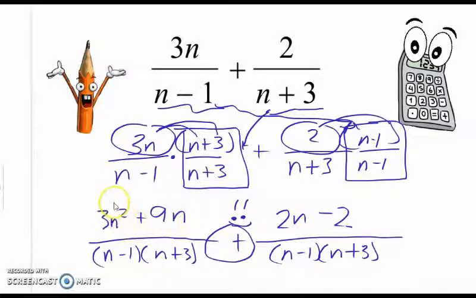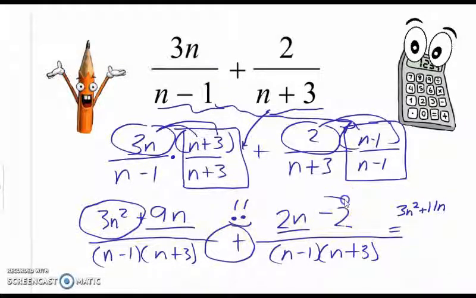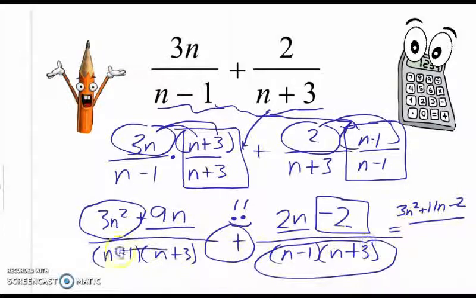So after you do that, you now can add like terms, and then that's going to solve for the denominator for the equation. So the equation is going to end up being 3n squared plus 11n minus 2, and then with the denominator of n minus 1 and n plus 3, and that's addition.